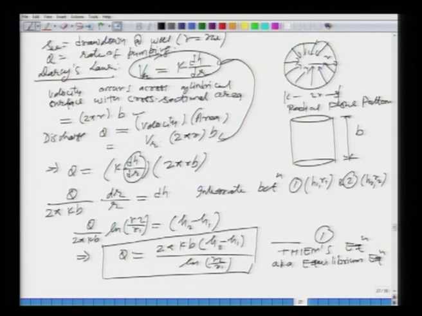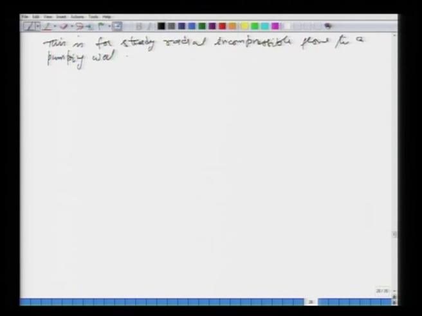So, let me move on and say that equation 1 is for the steady, radial, incompressible flow to a pumping well, or towards a pumping well, in a confined aquifer.